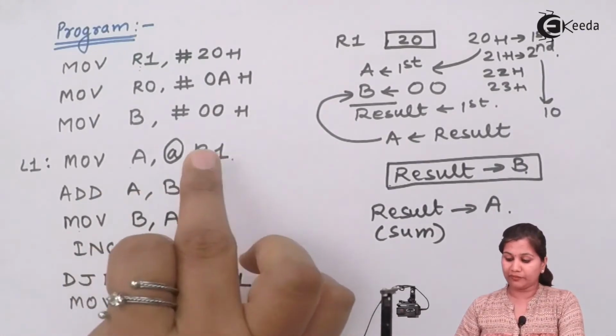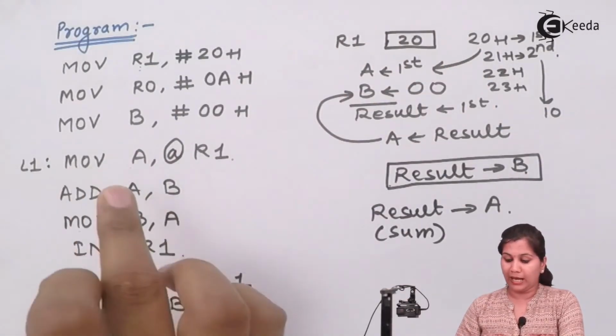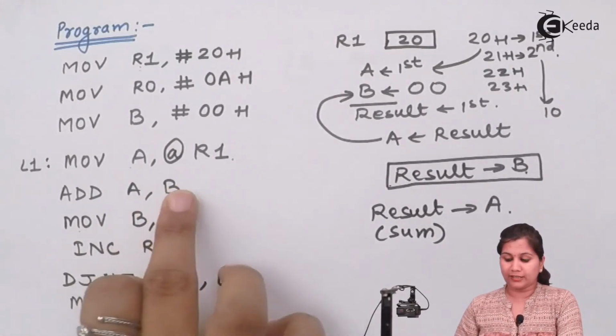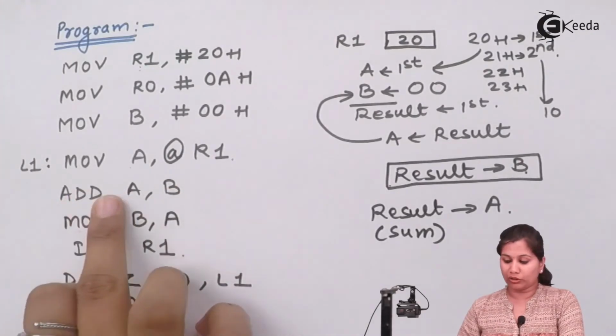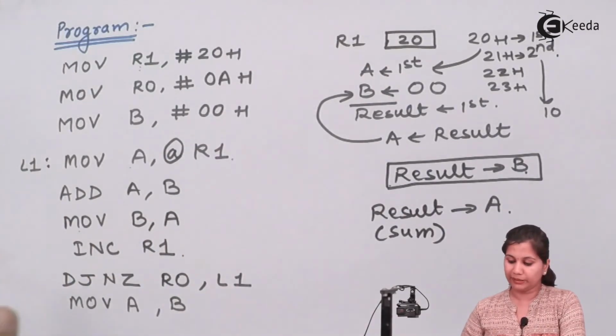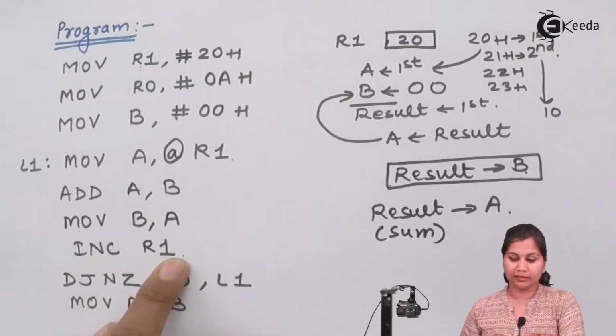The number at the first memory location is shifted into the accumulator. Afterwards it is added with the B register. Then the result is in the accumulator, but we want the result in the B register, so a copy of the contents will be made. Then the R1 register is incremented.